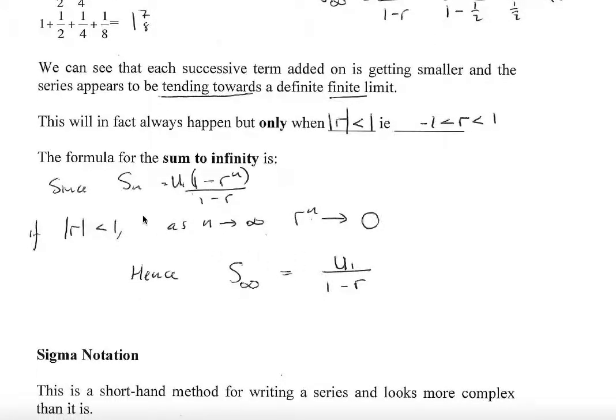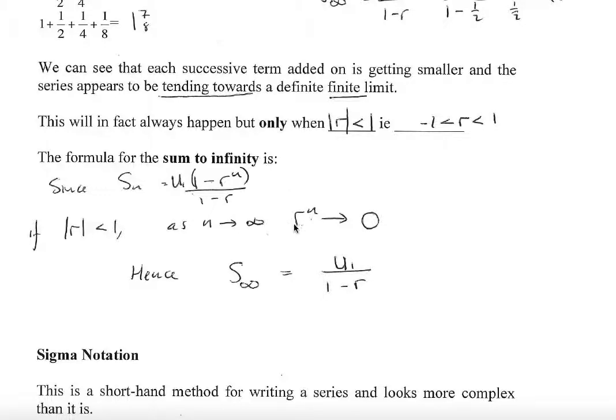If that's the case, when we apply the normal formula for the sum of a geometric series, which is this formula here, then because the magnitude of r is less than 1, that means r times by itself a huge number of times will become virtually 0.